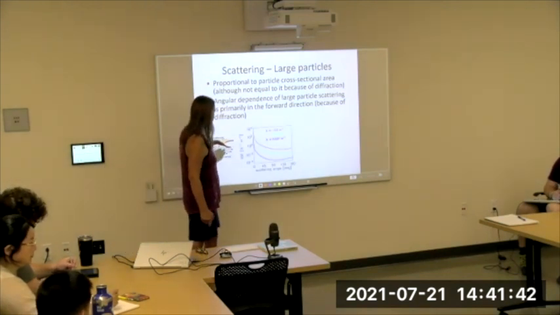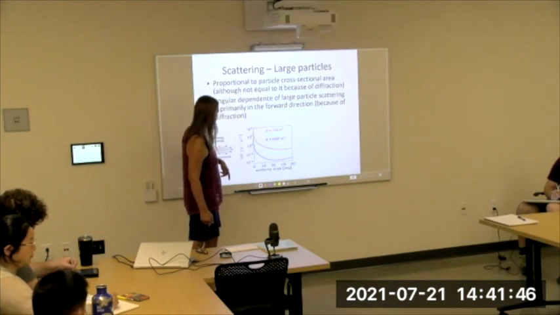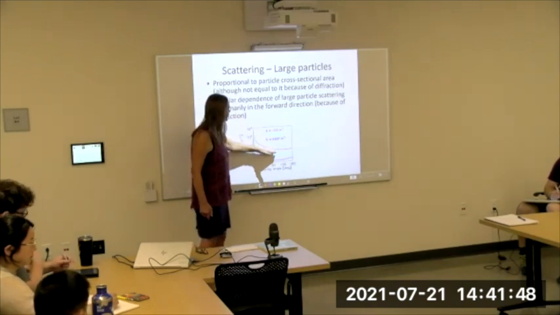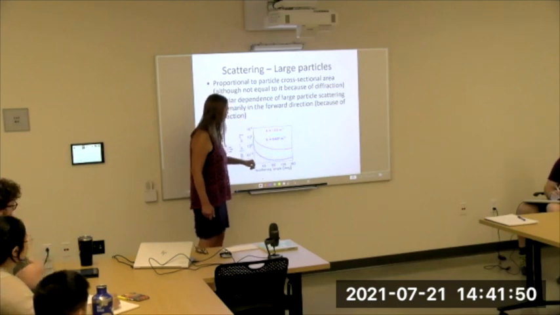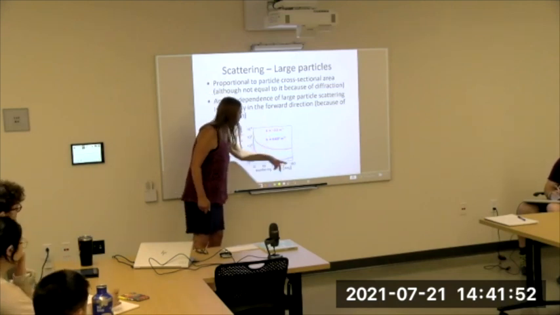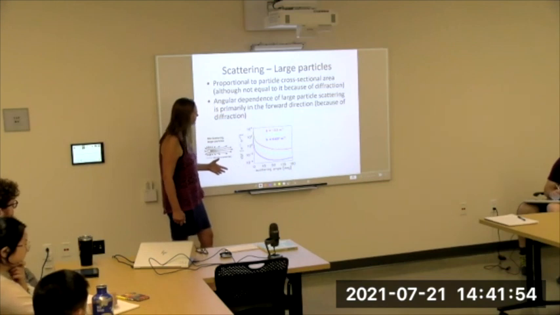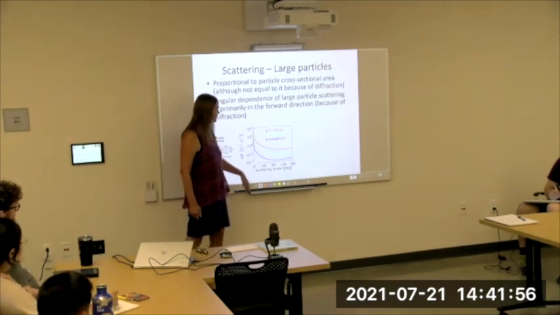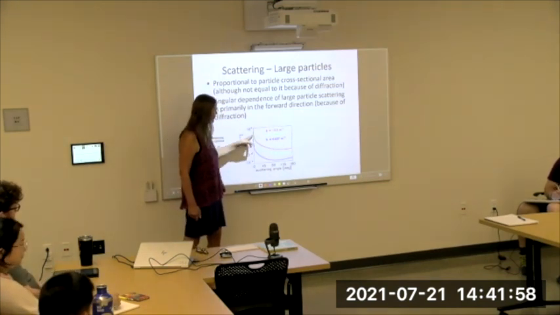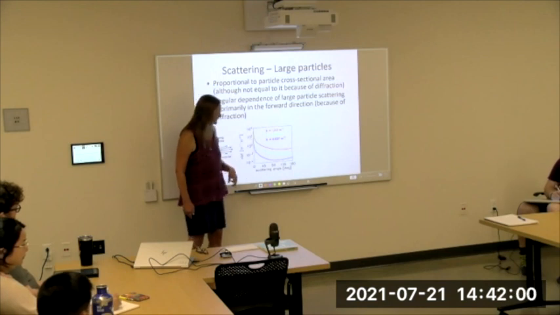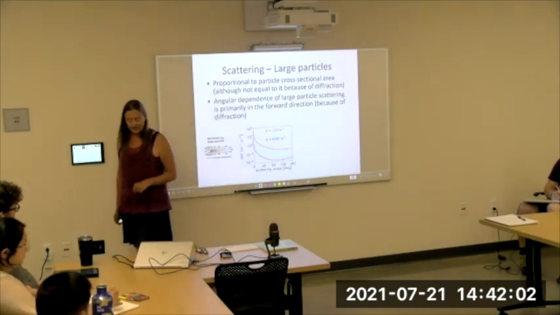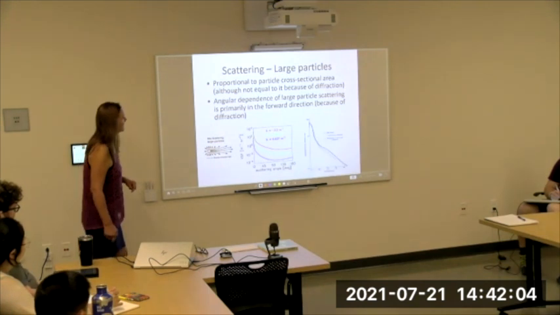And so here are some volume scattering functions. This is from Kirk's book. You see different magnitudes of the volume scattering function, integration under the curve, different scattering coefficients, probably because there's just more particles in there, but there are certainly large particles in there because we have this really strong diffraction in the forward direction.